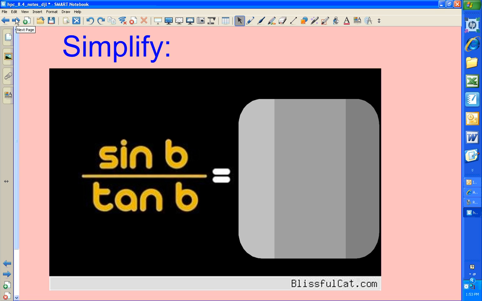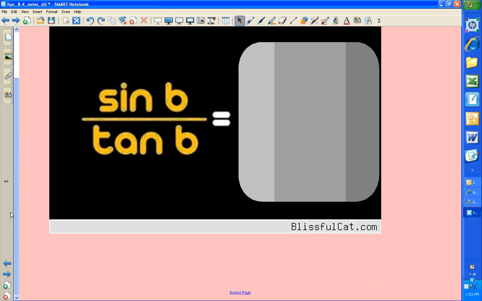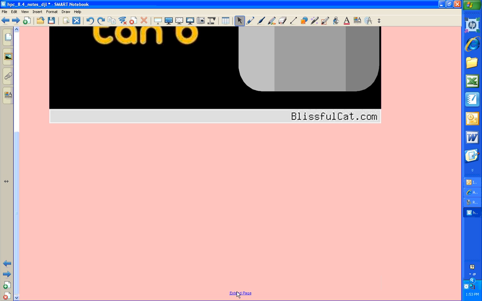So if we're going to simplify this, how would sine of b divided by tangent of b simplify? What's another way to write tangent of b? Sine over cosine, right?